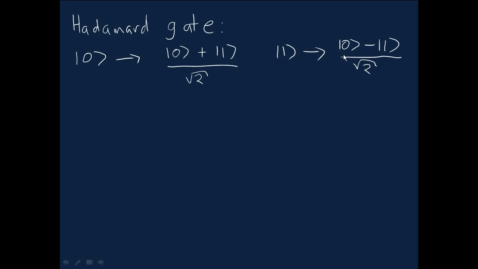So it has amplitude 1 over root 2 for the 0 state and minus 1 over root 2 for the 1 state, the output.